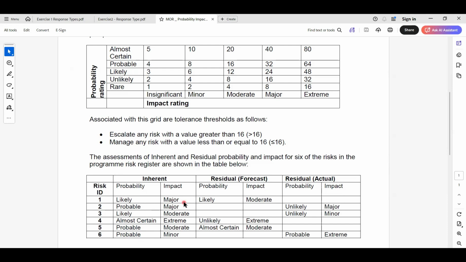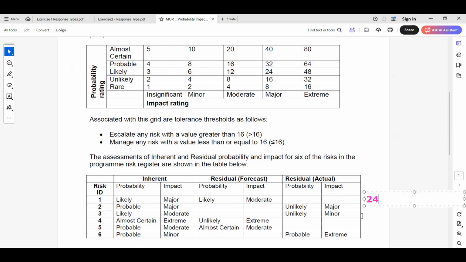Likely and major. What is the value? Tell me, guys. 24, right? So can I write 24 here? Yes.